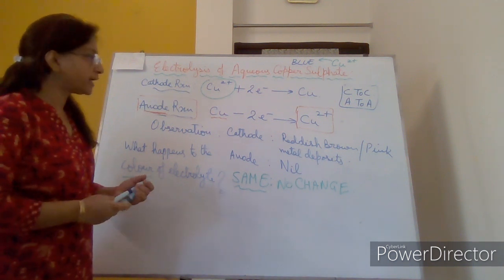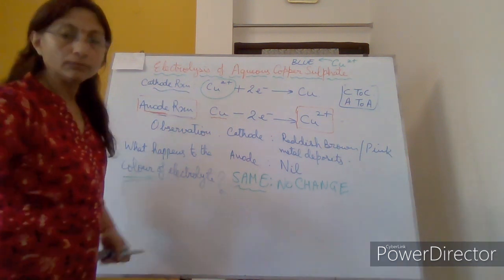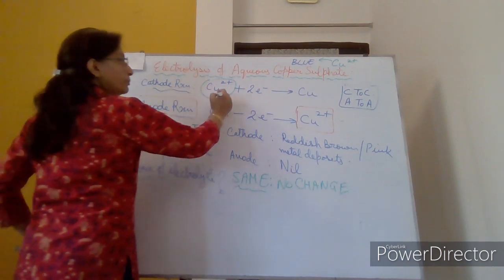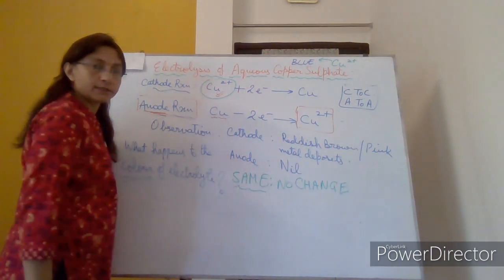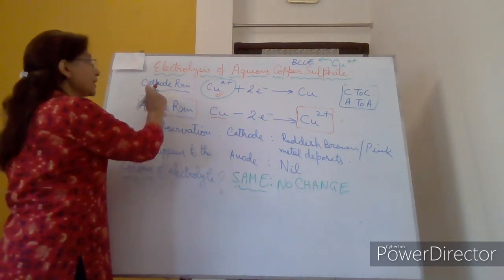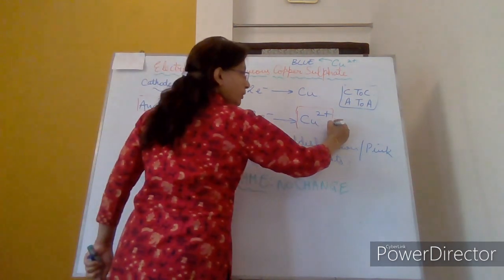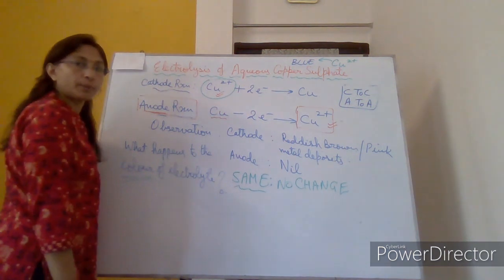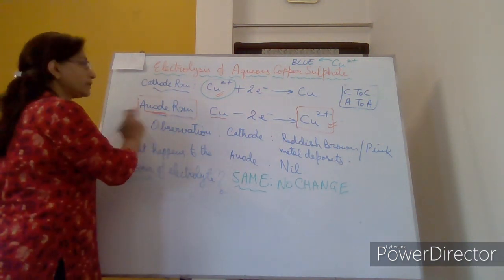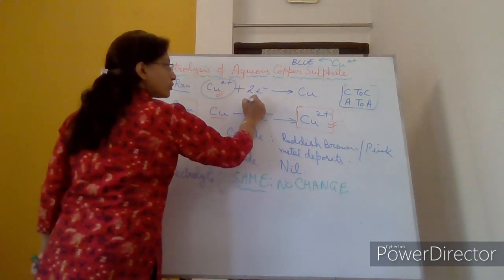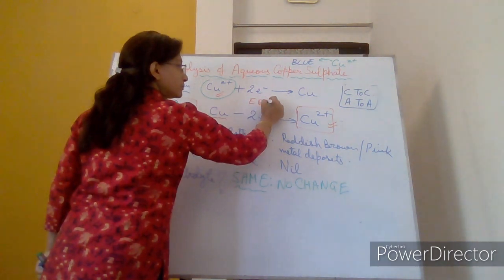एक चीज और यहाँ पे आप ध्यान में रखेंगे that the number of copper cations which are discharged at the cathode is always equal to the number of cations which are being produced by the anode. Their number is always going to be equal.